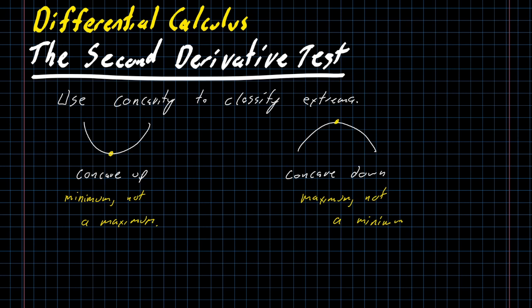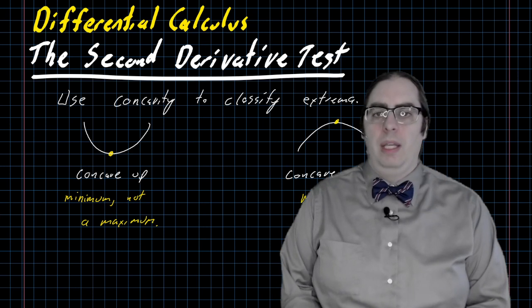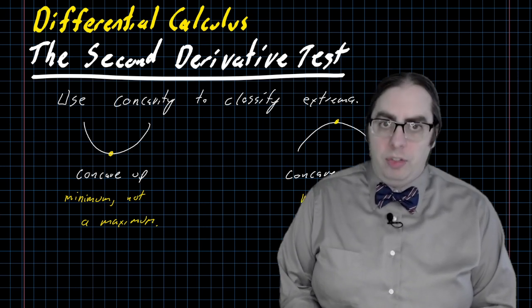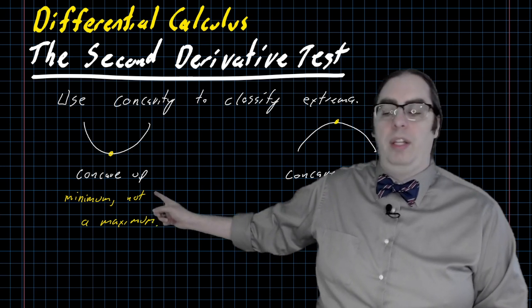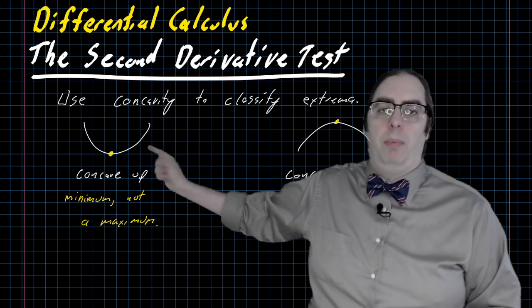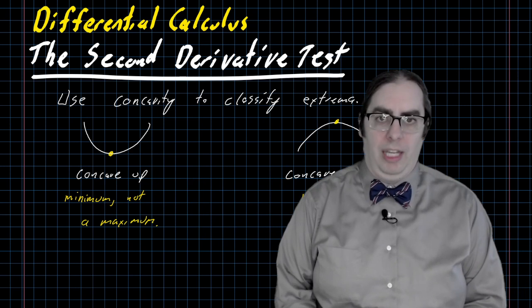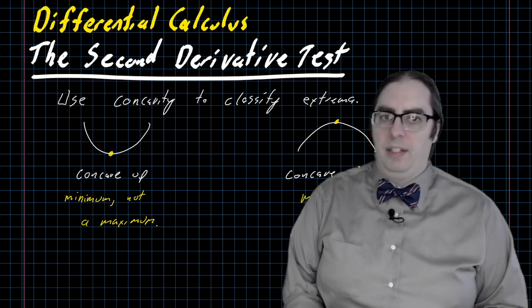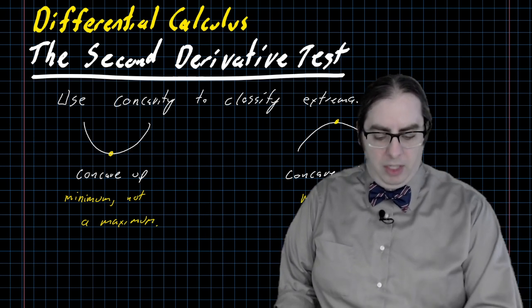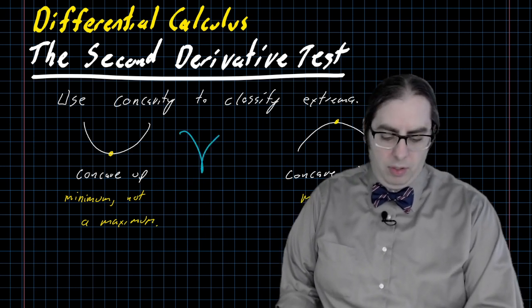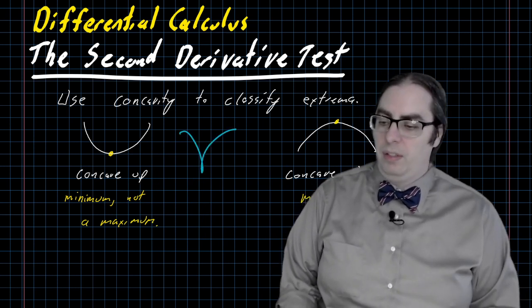Before I move on, I want to make sure that I am not overstating my case. It is not the case that every relative minimum occurs at a point where the function is concave up. In fact, I can think of a pretty simple example of a curve that does something like that.